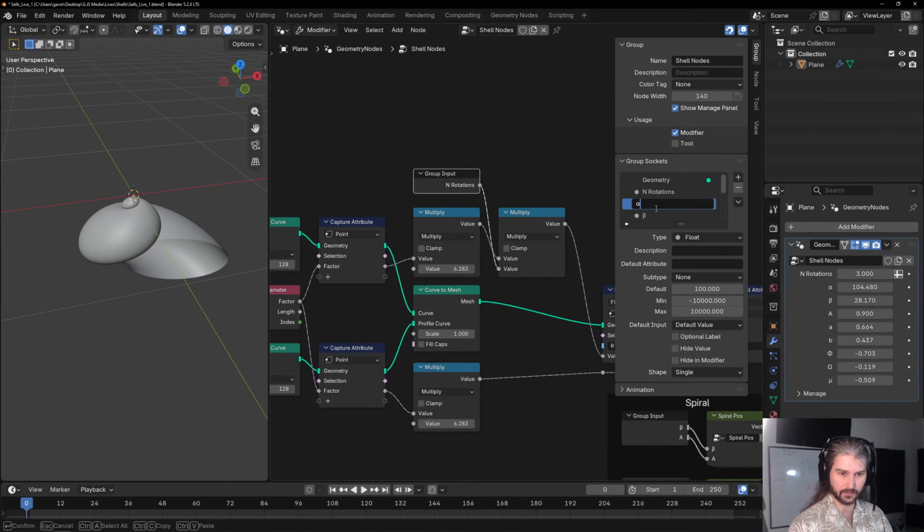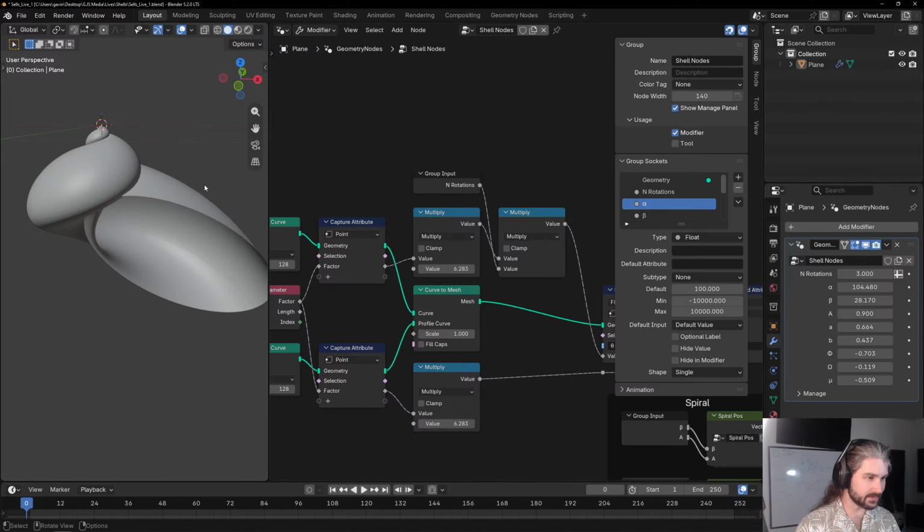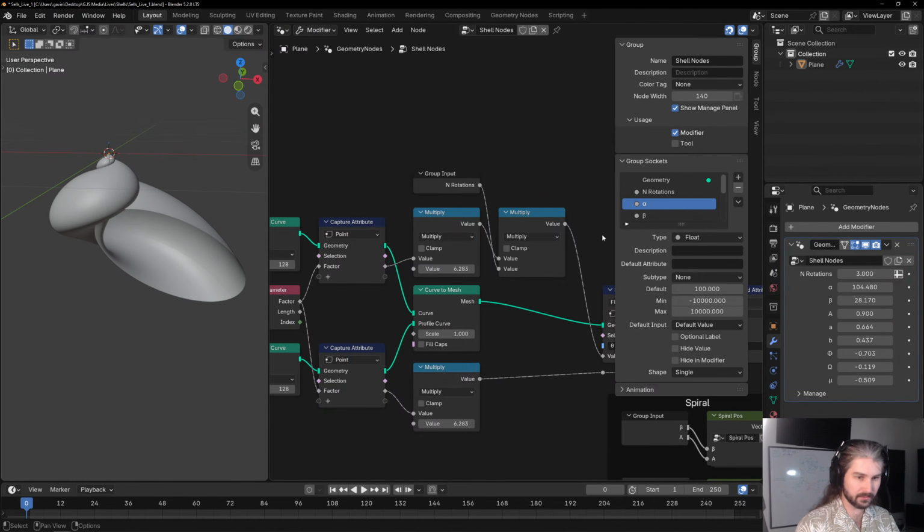Then we have alpha. Not sure what you would call that specifically. It's the angle, what it results in is the tightness of the spiral going up the shell. I don't think that's a great way to say it, but then beta is the angle of how far out it opens up into a cone.